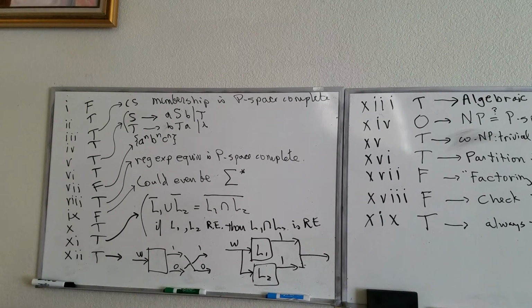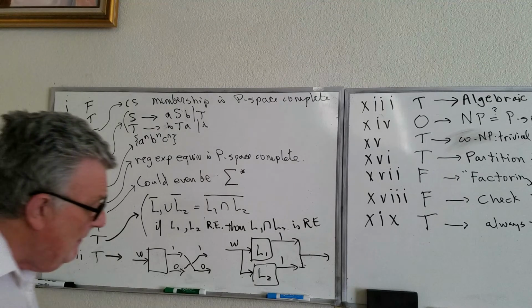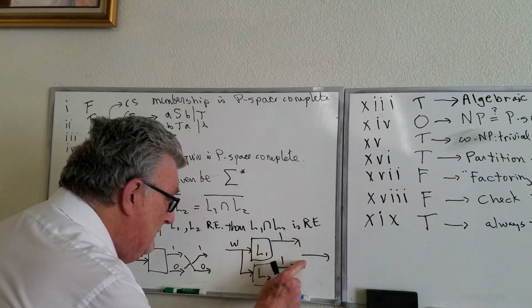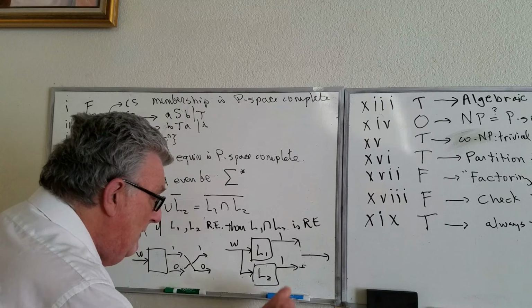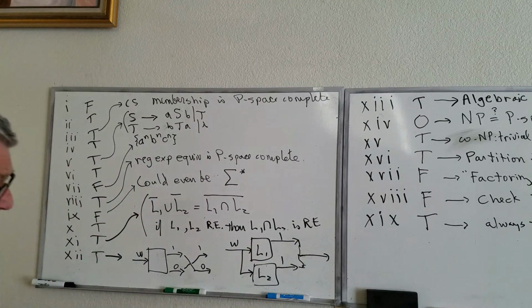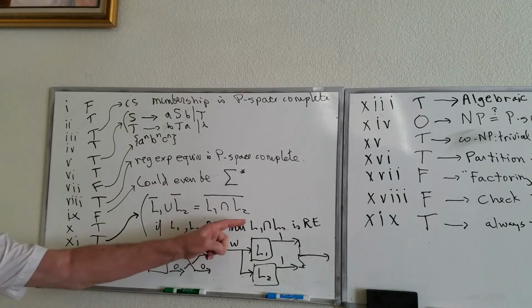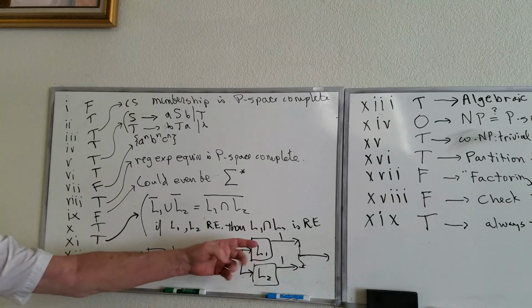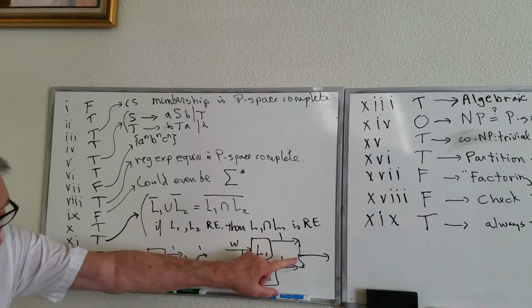No, that's the union, I'm sorry. No, this would be an OR gate. So I'm wrong about that, because we're doing union, not intersection. But the intersection is also recursively enumerable because we could put an AND gate there.